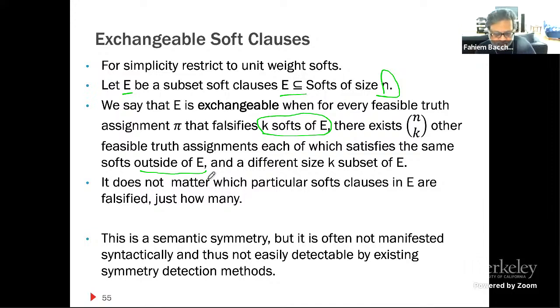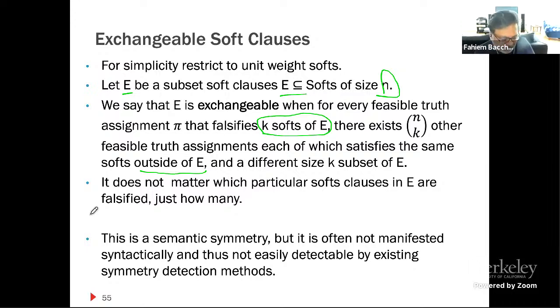In other words, it doesn't matter which particular soft clauses in E you falsify. All that matters is that you falsified k soft clauses, and you can falsify any k soft clauses and still get a feasible solution. So that's this notion of exchangeability. And it's a semantic notion of symmetry.